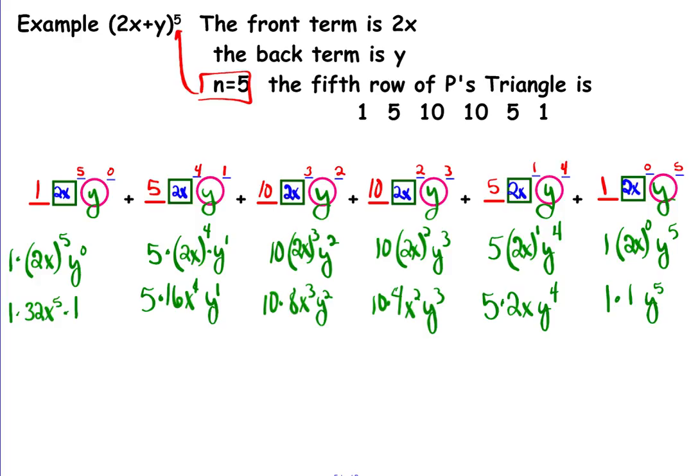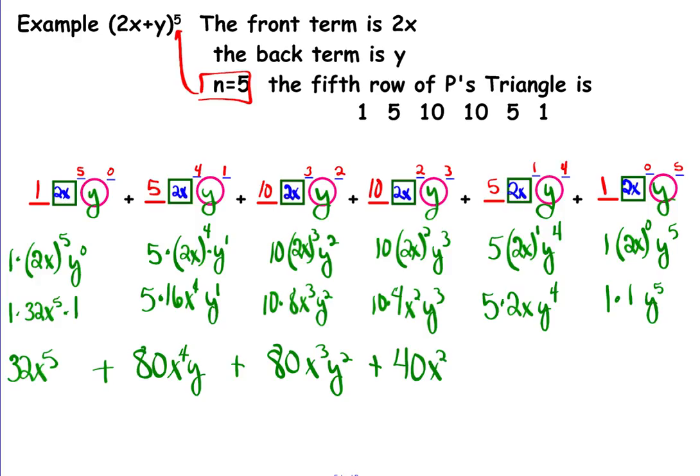Okay, 1 times 32 is 32 x to the 5th, plus 5 times 16 is 80, so this is 80 x to the 4th power, y, plus 10 times 8 is 80 x cubed, y squared, plus 40 x squared y cubed, plus 10 x y to the fourth, plus y to the fifth.